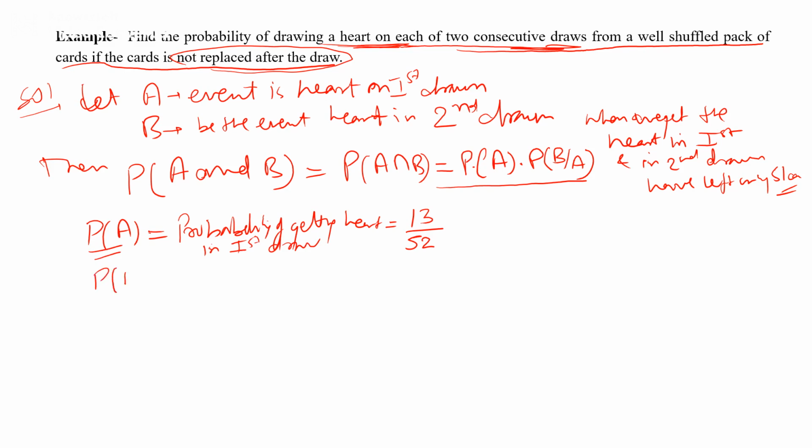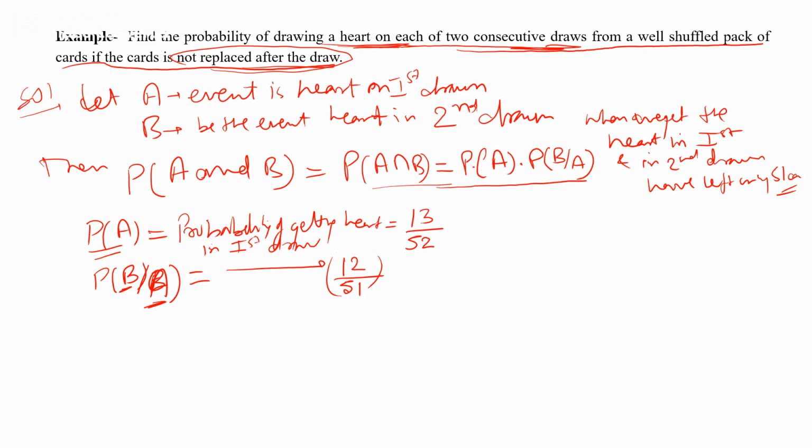Now the probability of getting a heart in the second draw: the first draw is already made, so we can say 12 hearts remain out of 51 cards, because we are not replacing the card. Therefore that's B given that A has already occurred, the first draw has already occurred.